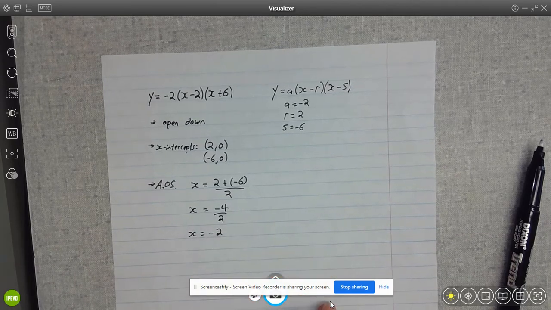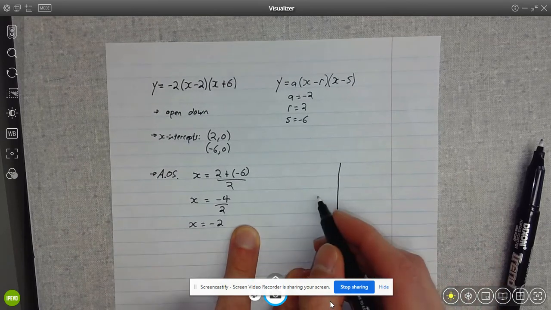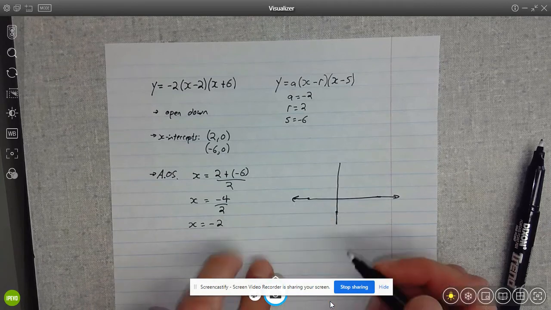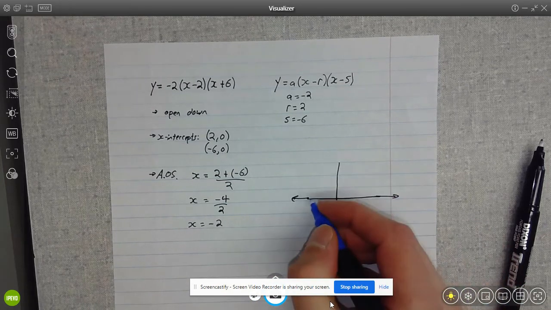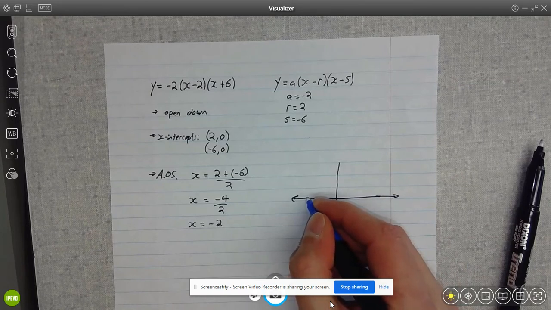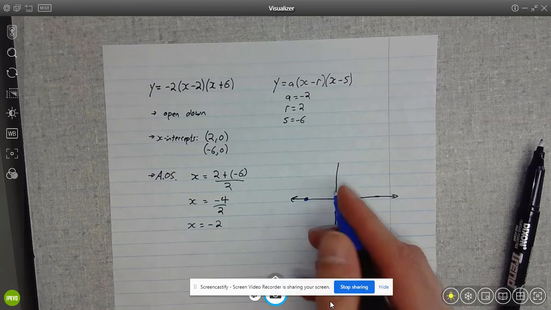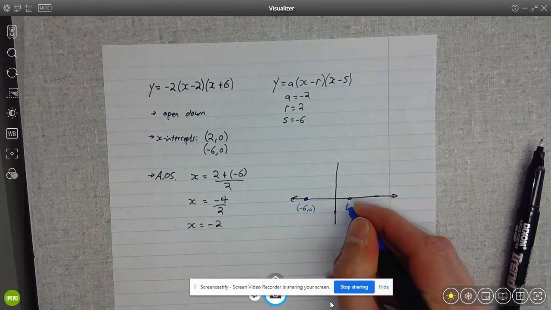I'll show you on a sketch how this works. So again, a sketch means I don't need to use graph paper. It doesn't need to be to scale. But I'm going to show you the main ideas and the key information. So first of all, we know this parabola opens down. It has two x-intercepts at, let's say, (-6, 0) and (2, 0).